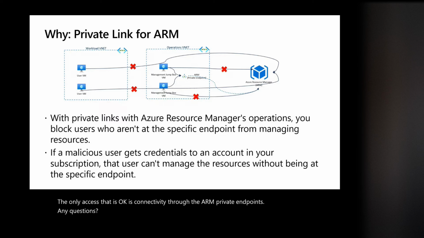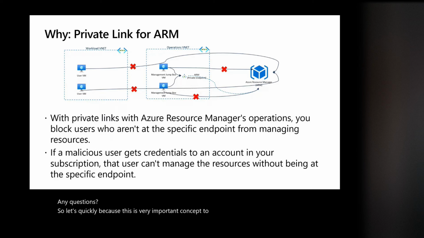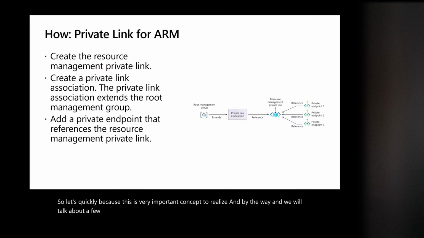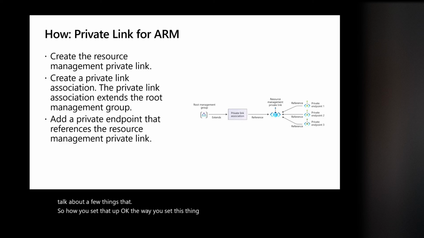Okay, so let's quickly go over this, because this is a very important concept to realize. And we will talk about how you set that up. The way you set this up is at the management group level.